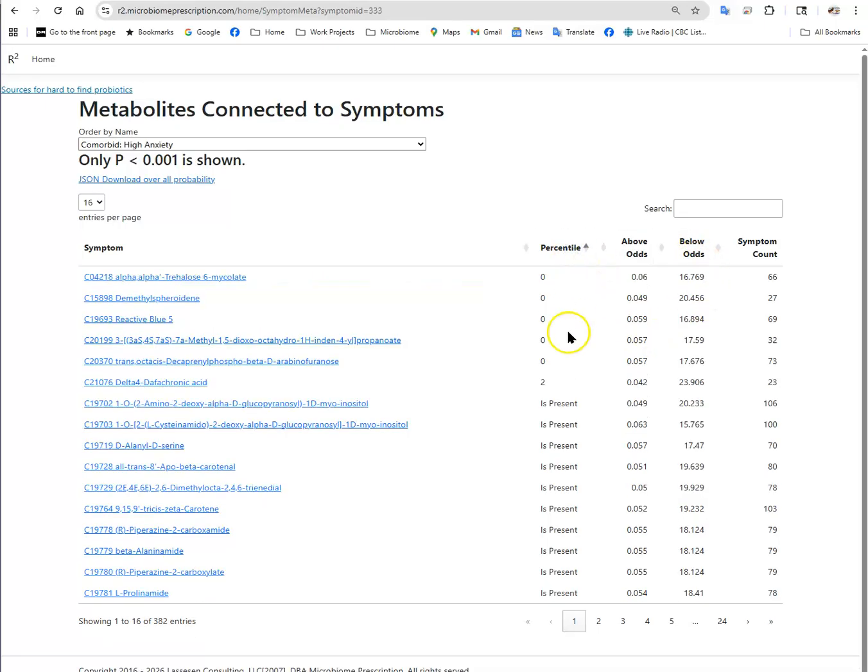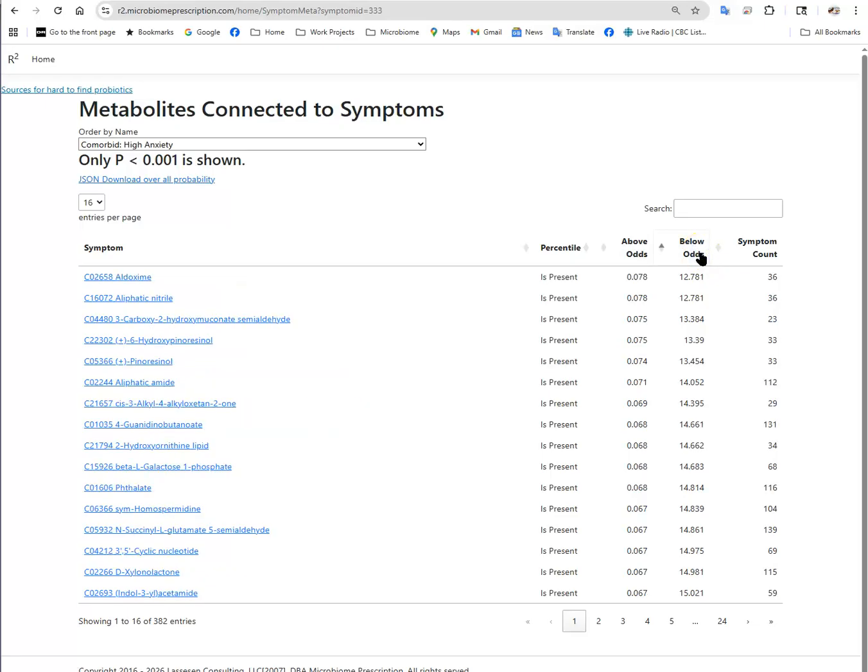You can look at percentiles also, and go back and forth. Again, in some cases it's going to be is present for everything, or is present and then you get a few with zeros or ones. Remember, we're dealing with percentile, which is almost the same as being is present, and then you get the odds ratio.